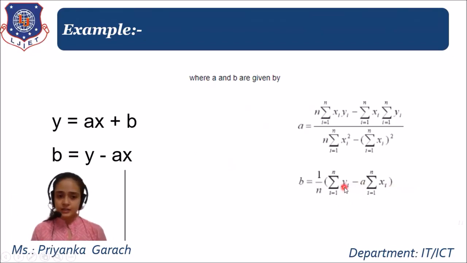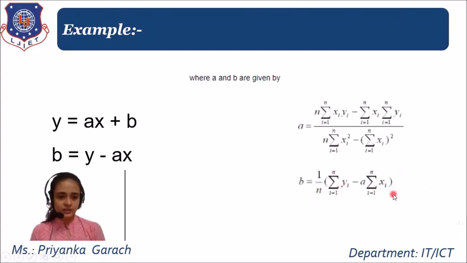I can't consider only one value of y and x; I have many values in the data set. So instead of y, I write the summation of y, and instead of x, the summation of x. For finding the value of b, I want the average value of y and the average value of x. The average is the mean value: the summation of all values divided by the total number of observations.